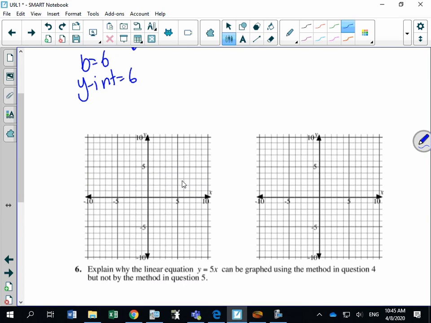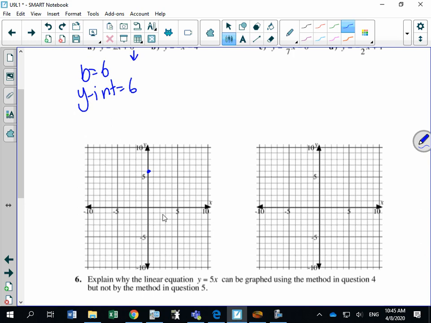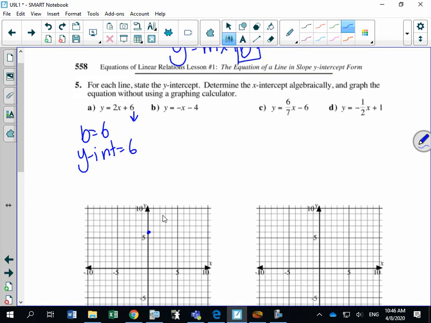I'll put a dot at 6. Okay, determine the x-intercept algebraically. So for the x-intercept algebraically, let y equal 0. So you put a 0 in for y, and you solve for x.